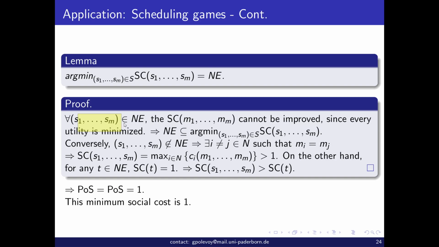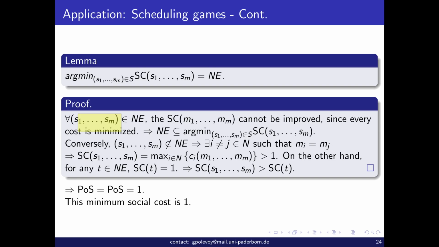I wanted to say every player's cost is minimized. And therefore, we've just shown that if you have a Nash equilibrium profile, then it also minimizes the cost, so it also belongs to the set of the minimizers of the social cost.